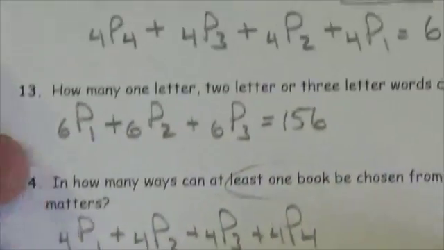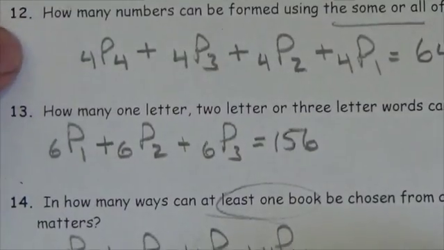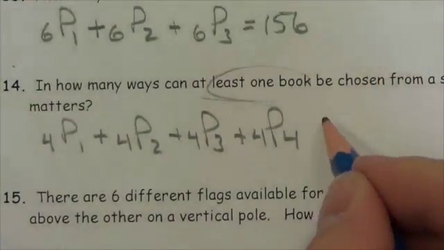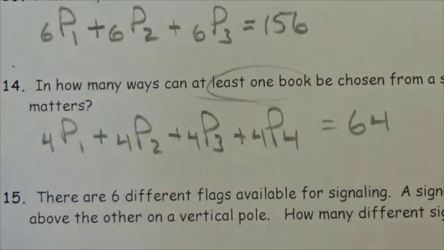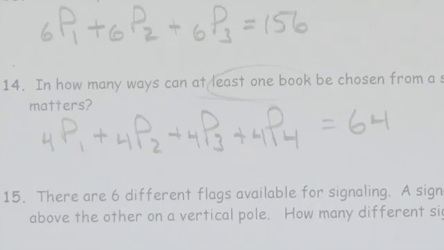Take a look at that and look at 2 questions up here. That's the same pattern, so the result's going to be the same. There are 64 ways that you can reach in and grab books off of a shelf. If the order that you stack them is important, then there are 64 different ways that you could do that.